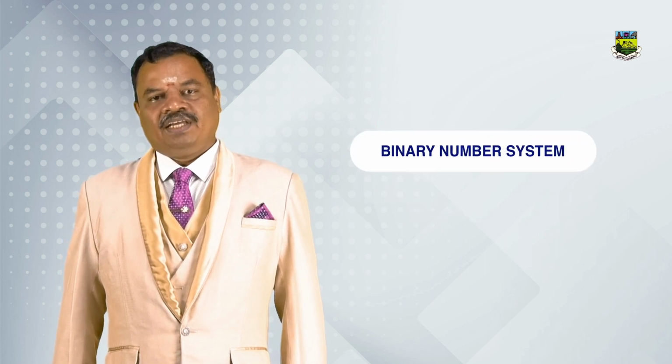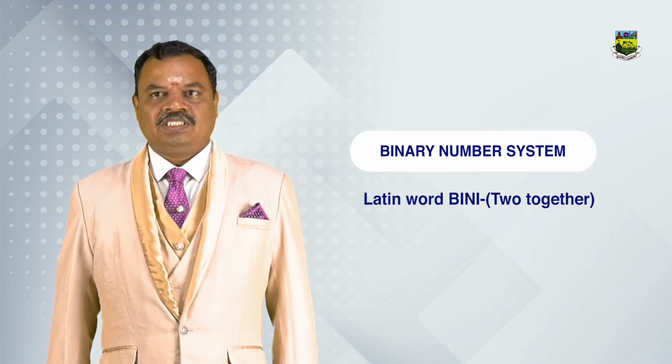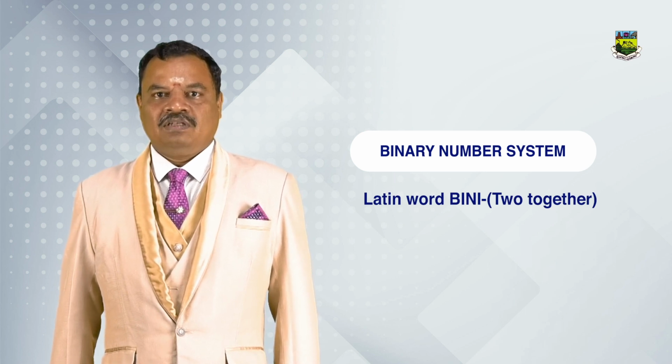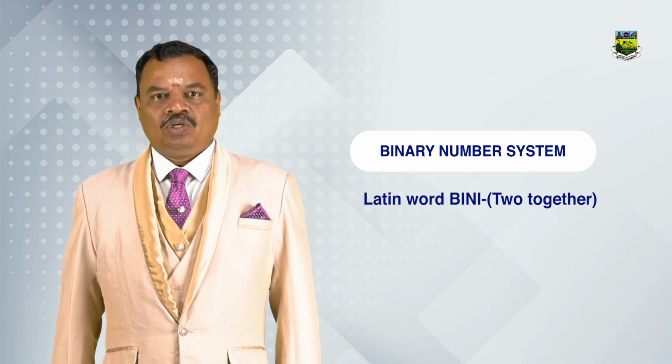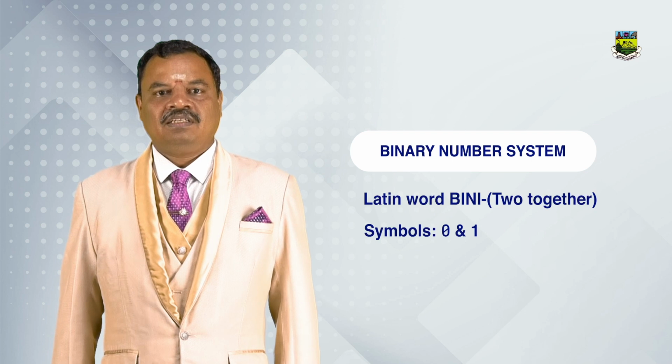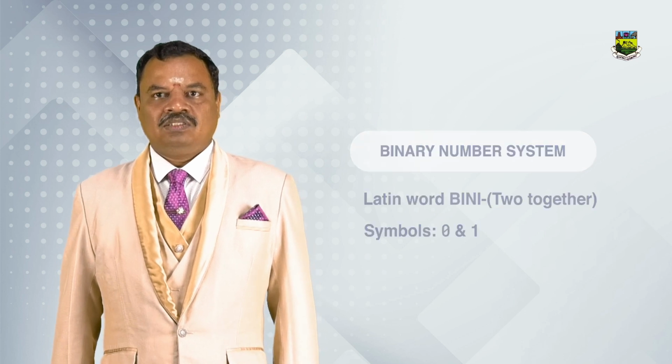Now, the binary number system is derived from the Latin root word bini, which means two together, and it contains two different symbols, namely 0 and 1.